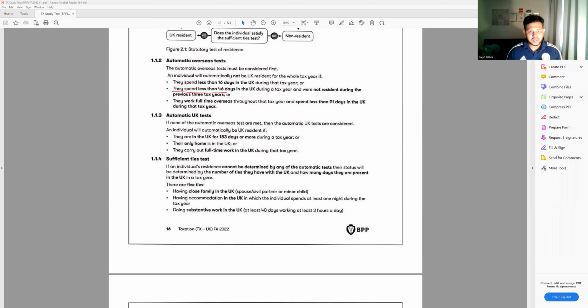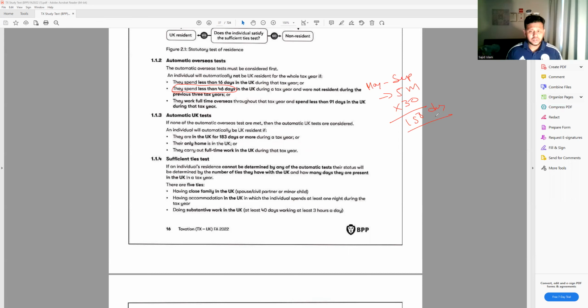Now, less than 46 days, because he's living from May to September. Obviously, our tax year starts from April. So May to September is May, June, July, August, September, 5 months. And if we multiply by 30, so 150 days he lived.